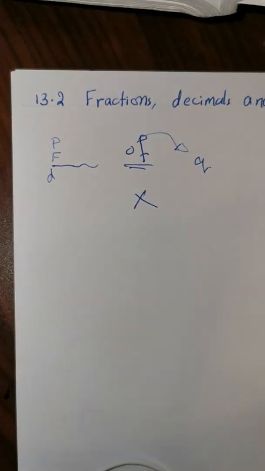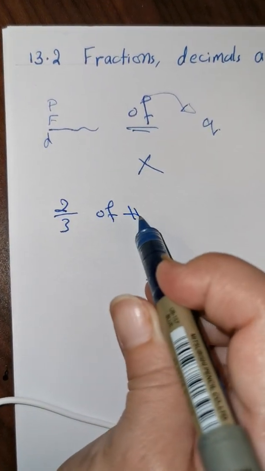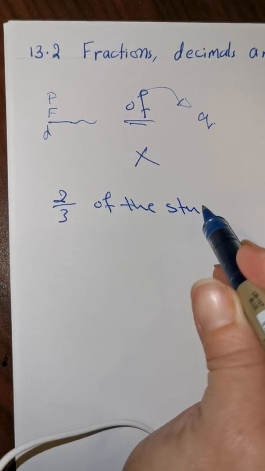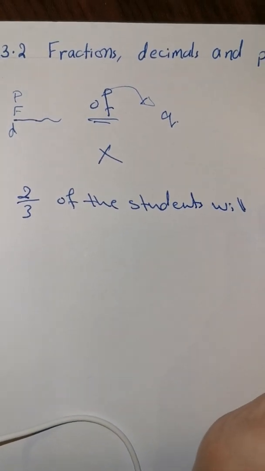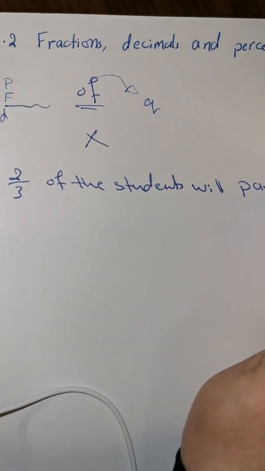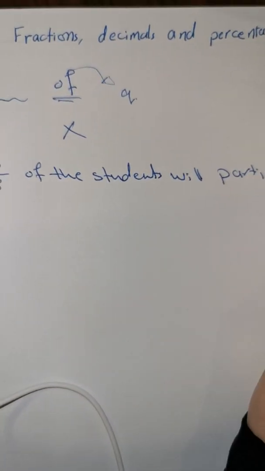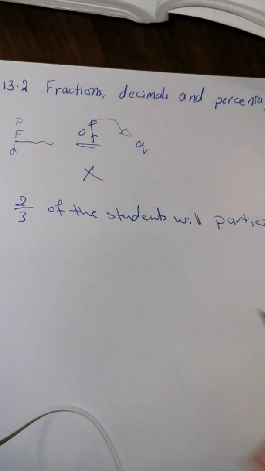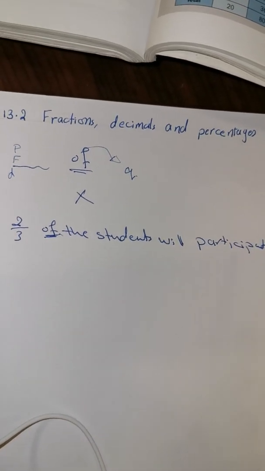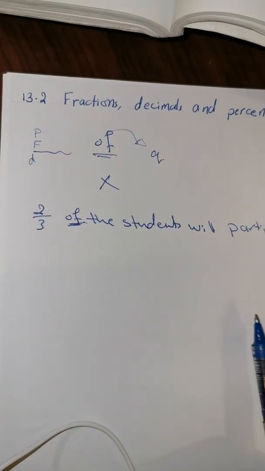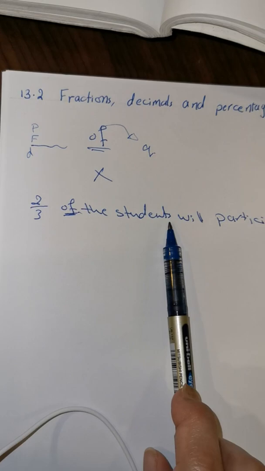كيف يعني؟ let's say إنه 2/3 of the student will participate in a competition. Okay, we have of. This of means multiplication if you have the number of the whole student.